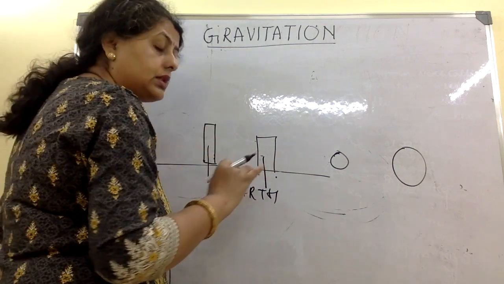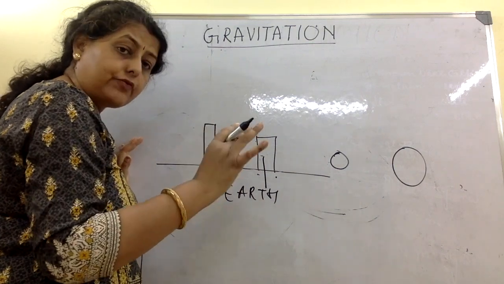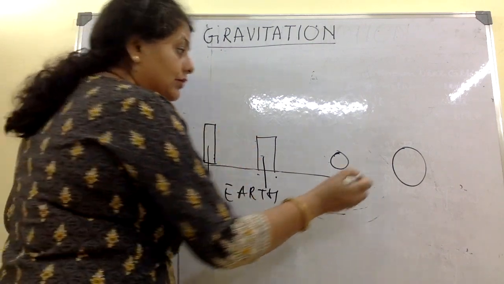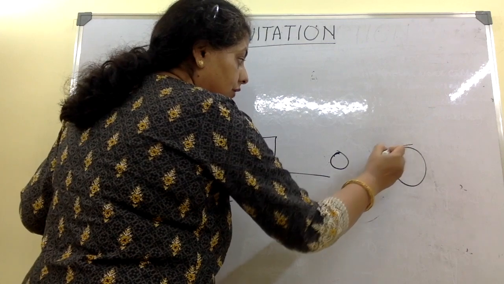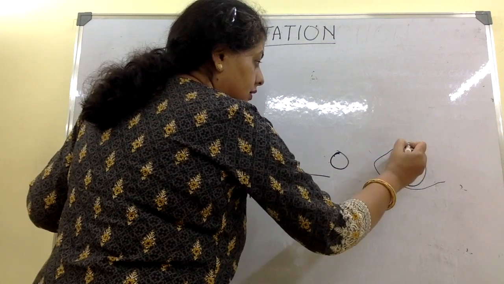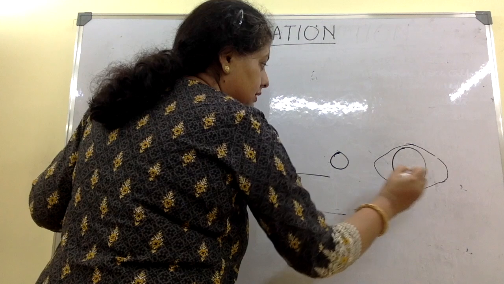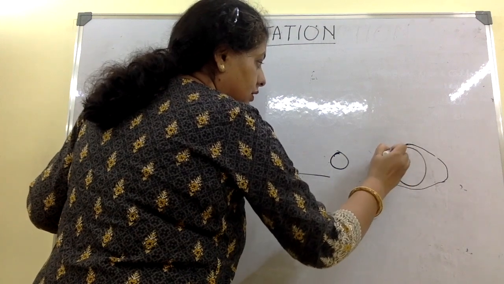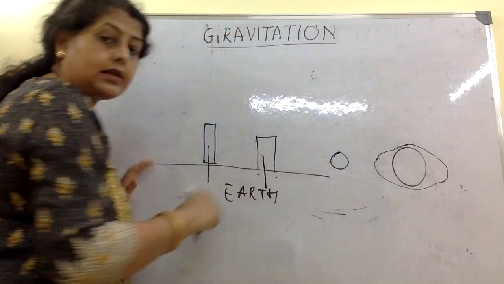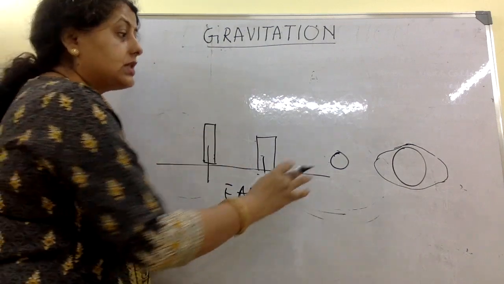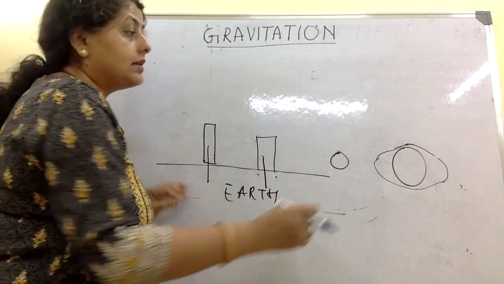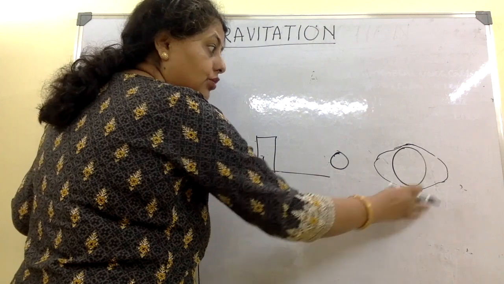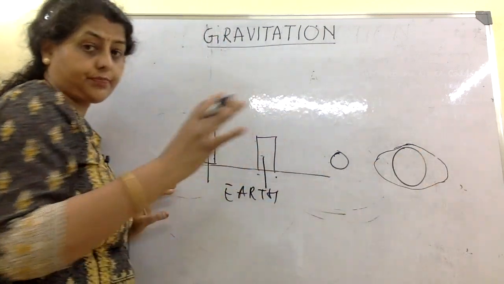There's a huge amount of water, so much ocean. Now what happens? The water level increases on the side of the moon. Whichever side the moon is on, the water level goes up, and on the two other sides the water level goes down, but on the far side, again the water level goes up.